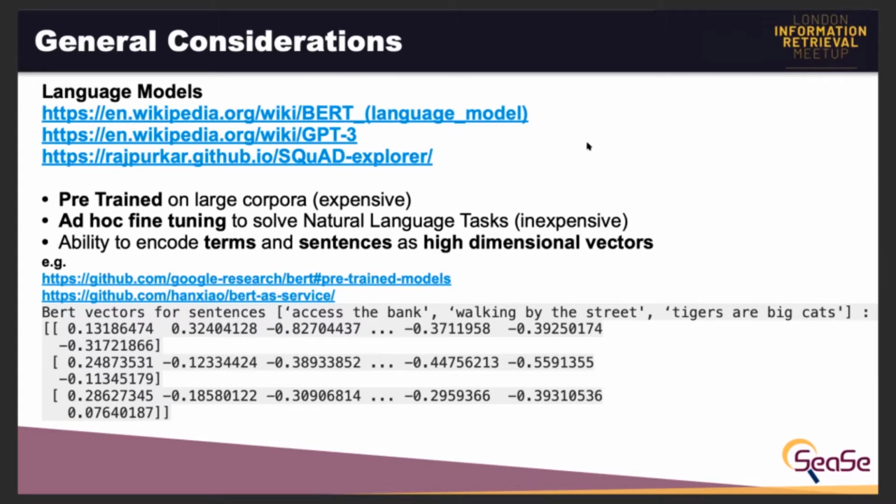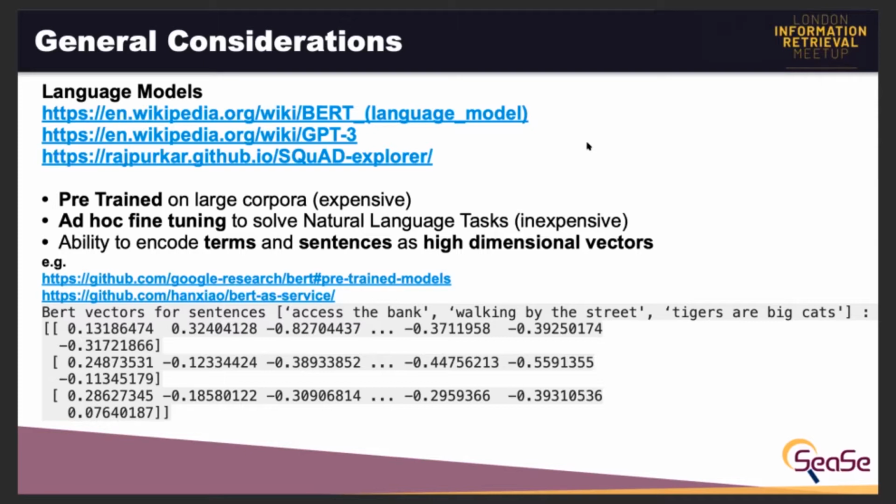So first of all, you need the model to understand human language, and you do that through pre-training on large corpora. Then you can do an ad hoc fine-tuning to solve specific natural language tasks, and this activity is much less expensive.